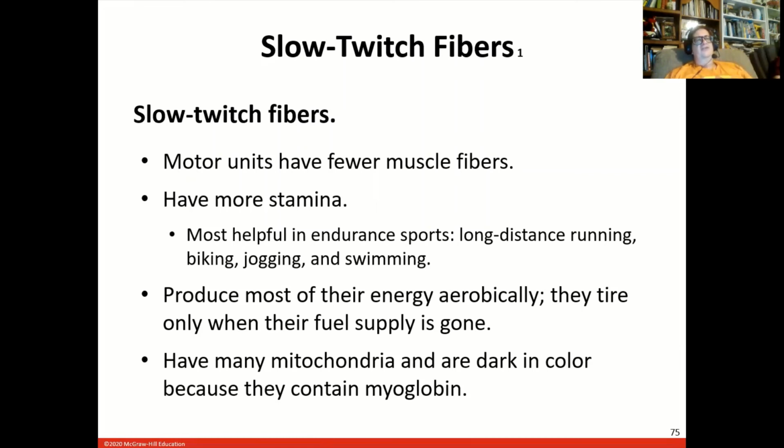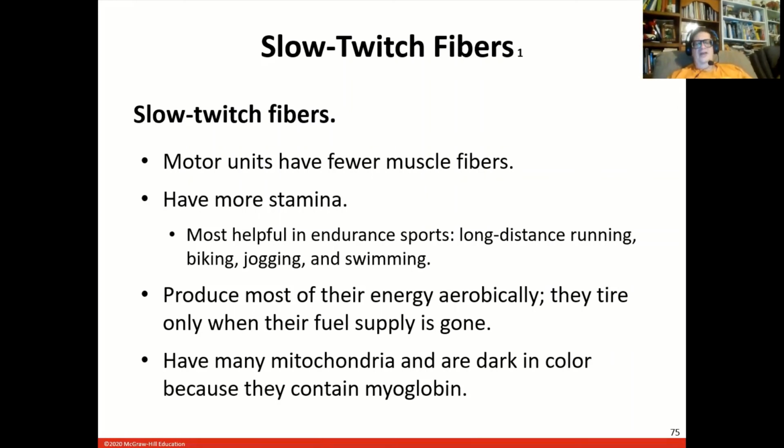And that means you're getting more ATP out of every glucose that you break down. Most of their energy comes aerobically using oxygen, and that means the 2 processes in the mitochondria. So we're talking about the Krebs cycle, also called citric acid cycle, and the electron transport chain.